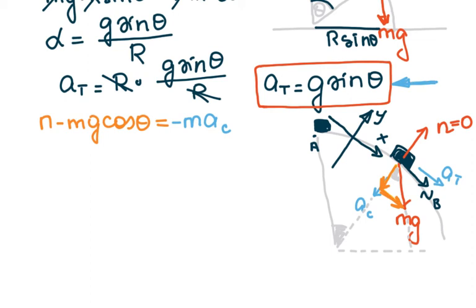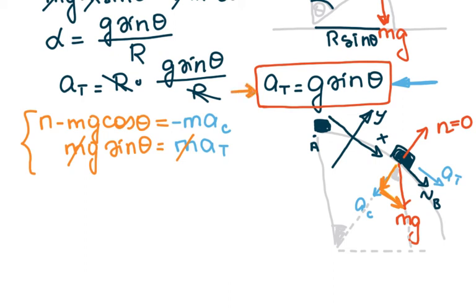So I can write my equation for the x-axis as mg sine theta is equal to m times tangential acceleration. And here is another example that you can see that tangential acceleration is equal to g sine theta, which gives you the same formula that we found a little bit earlier.